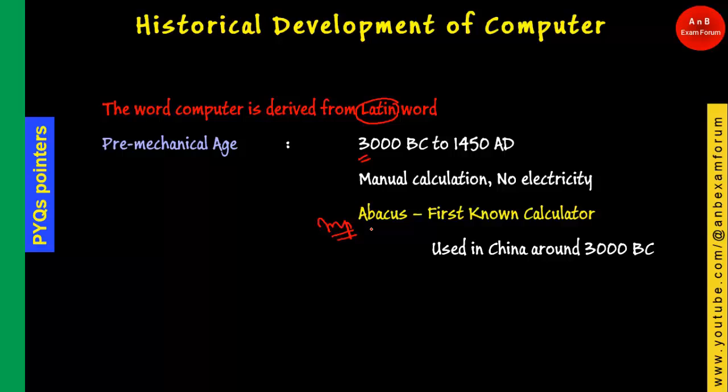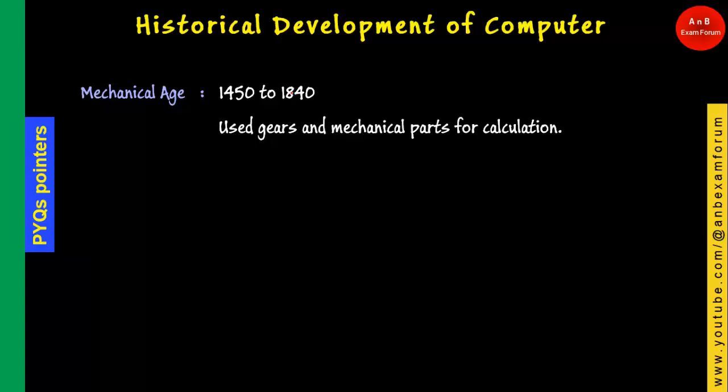Coming to the next age, the mechanical age. Again, you need not bother about this specific period. Okay, and in the mechanical age, they used gears and mechanical parts for the calculation. As the word itself suggests, mechanical means something which is moving, and with the help of gears and some mechanical parts, you are doing the calculation.